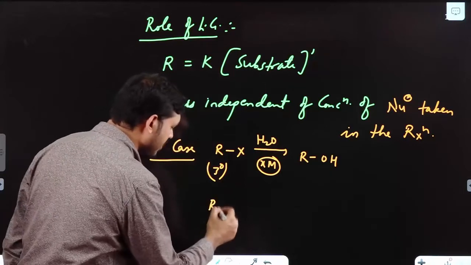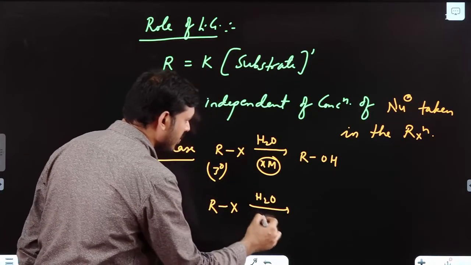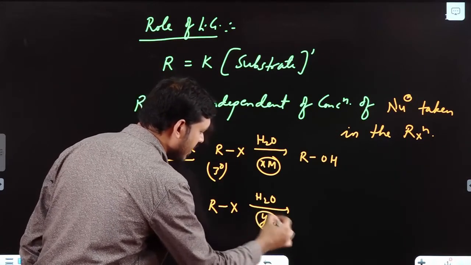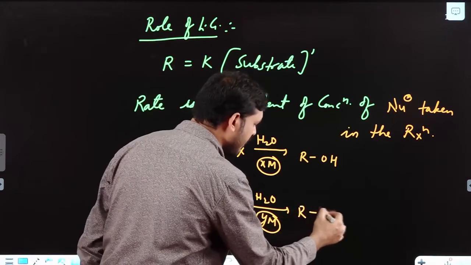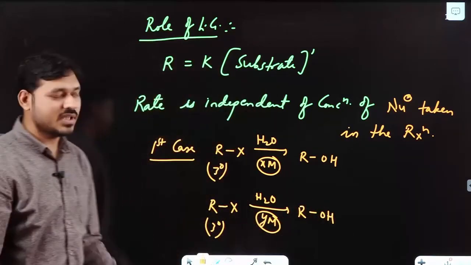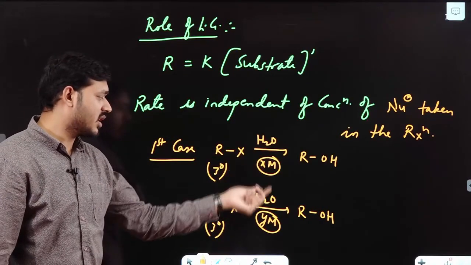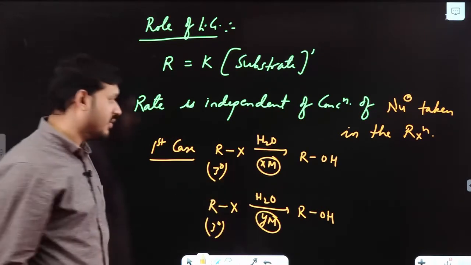Now second RX same, with H2O, and its molarity was found to be, let's say, Y molar, and it was again 3 degree. The rate was found the same. So the rate was actually independent of the concentration of water here or the concentration of water here. It has nothing to do with this. Clear to you? Okay.